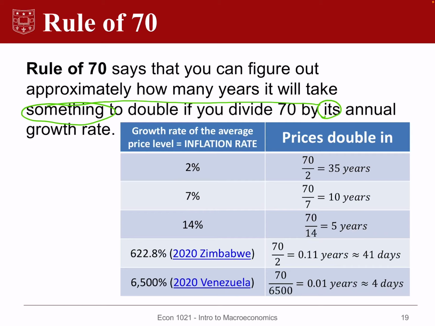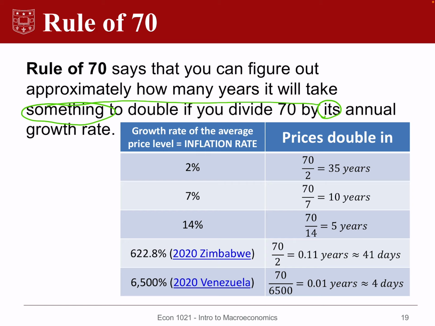So just a back of the envelope calculation, if the rate of inflation is 2%, that would mean that prices are going to double in about 35 years. That's like every two generations. That's swift, but if prices were rising at 7%, then they would double in half of a generation, and even less than that in 14 if the rate of inflation was 14%.